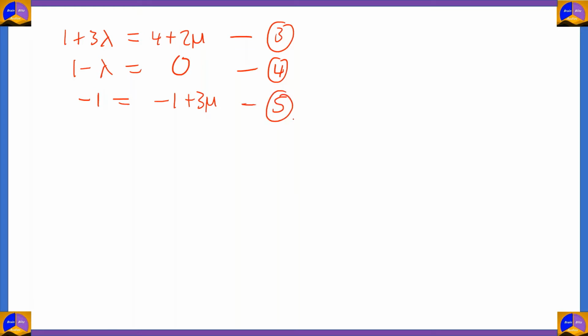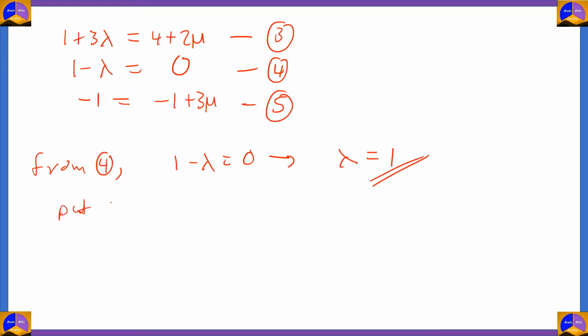So what we can do to solve is that we can use equation 4. So from equation 4, since 1 minus lambda is equal to 0, we can write lambda will be equal to 1. So now we put lambda is equal to 1 in equation 3. So it will be 1 plus 3 into 1 will be equal to 4 plus 2 mu.